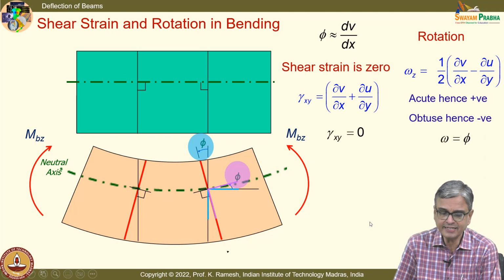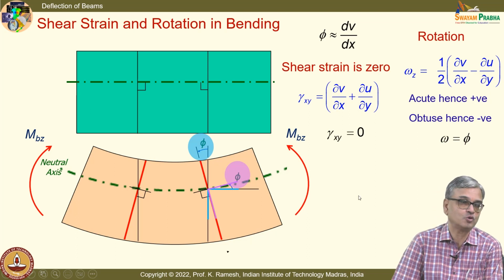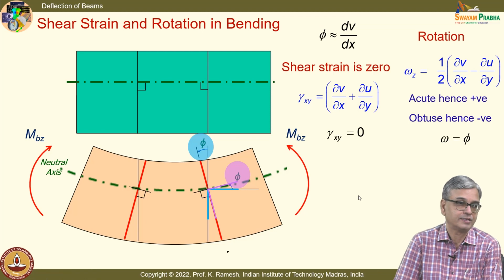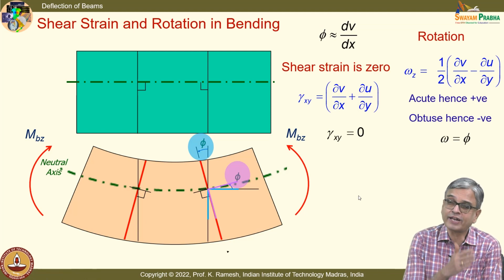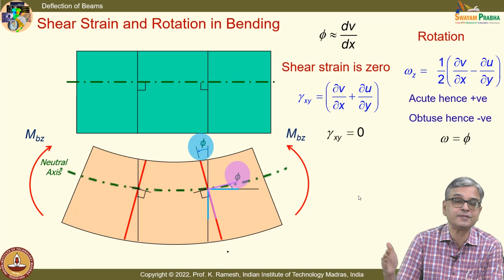And you can easily see that what you call rotation is the slope phi from this expression. If I use gamma xy, they are equal and opposite. If I use this, I will finally get this omega as angle phi. So what you get as slope is nothing but the rotation that takes place along the beam.